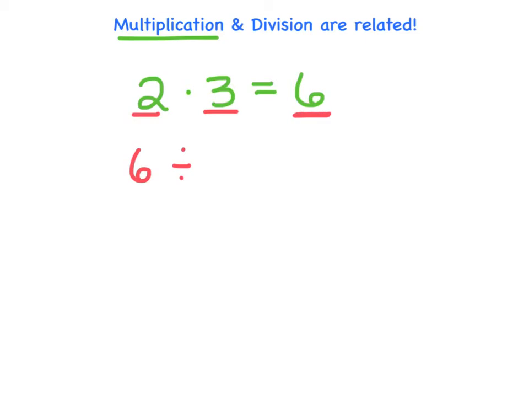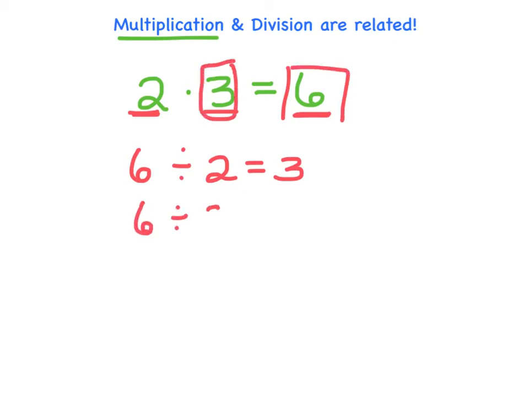So I could divide 6 by 2, that would give me 3. Or I could take this 6 again and divide by 3, and that has to give you the other number that's left, 2. So multiplying and dividing are pretty related to each other. The two numbers that you multiply give you this product, and you can take the product, divide by one of the numbers, and you get the other number.